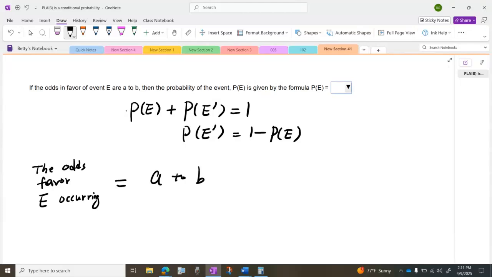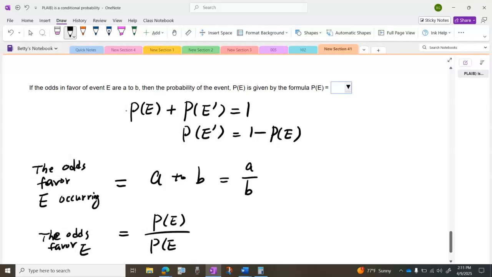I could write a to b as a over b. It's easier to handle when I use algebra. That is a given, that's given information: the odds is a to b. By the definition, the odds in favor of E are supposed to be P of E over P of E prime, right?